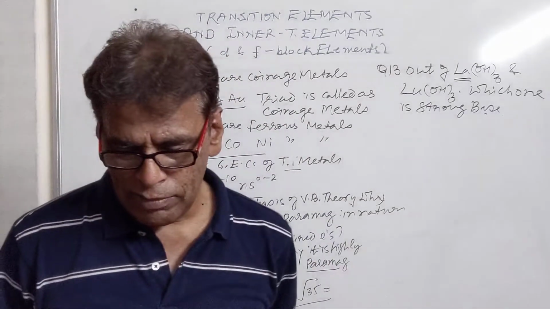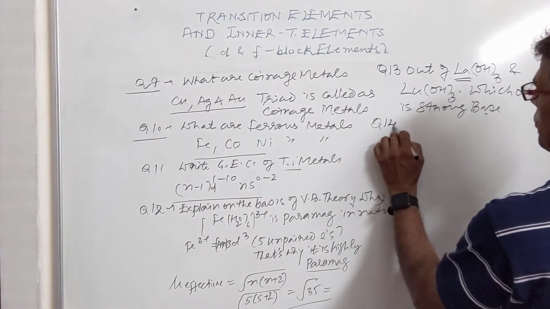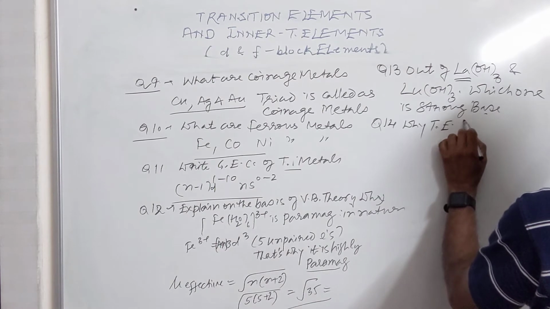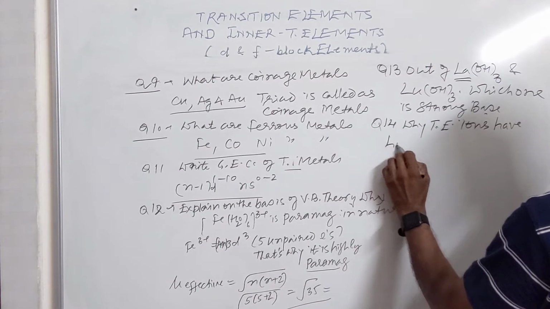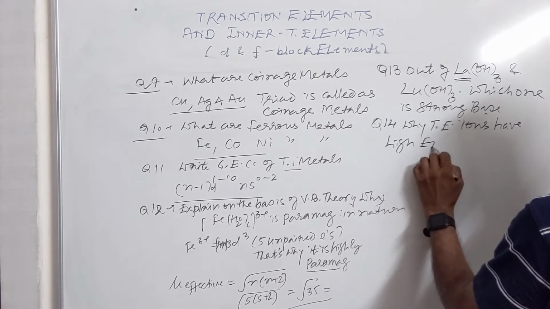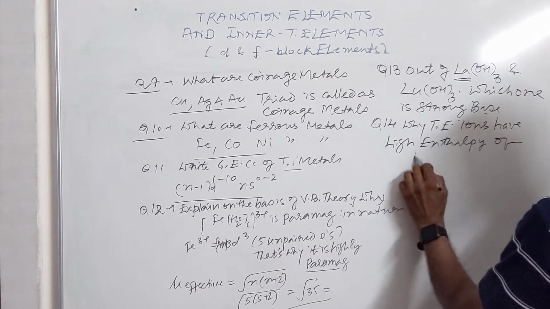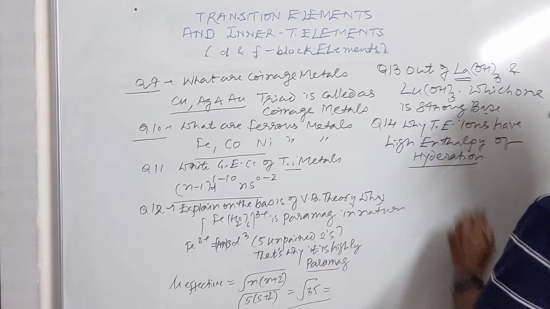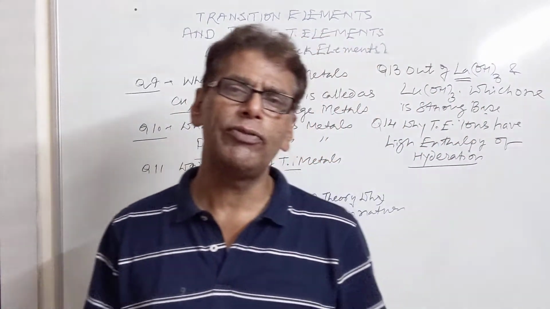Why do transition element ions have high enthalpy of hydration? This is a very important question. It is due to their small sizes and high effective nuclear charge.